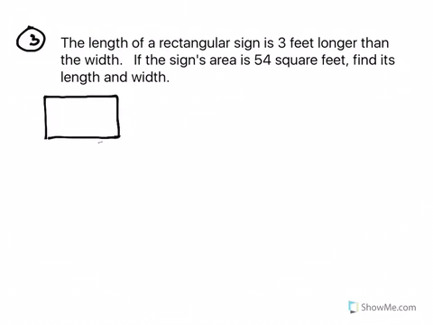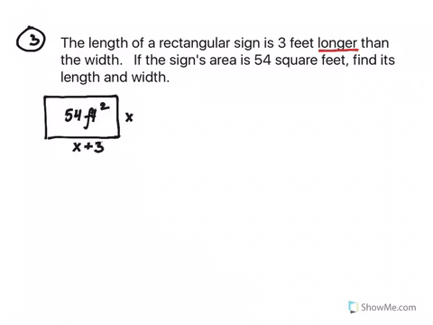I know that the sign has a rectangular shape and that length is 3 feet longer than the width. This means that whatever width is, I need to add 3 feet to that quantity to find the length. If I let x represent width, then the length should be x plus 3. I also know that the area is 54 square feet.